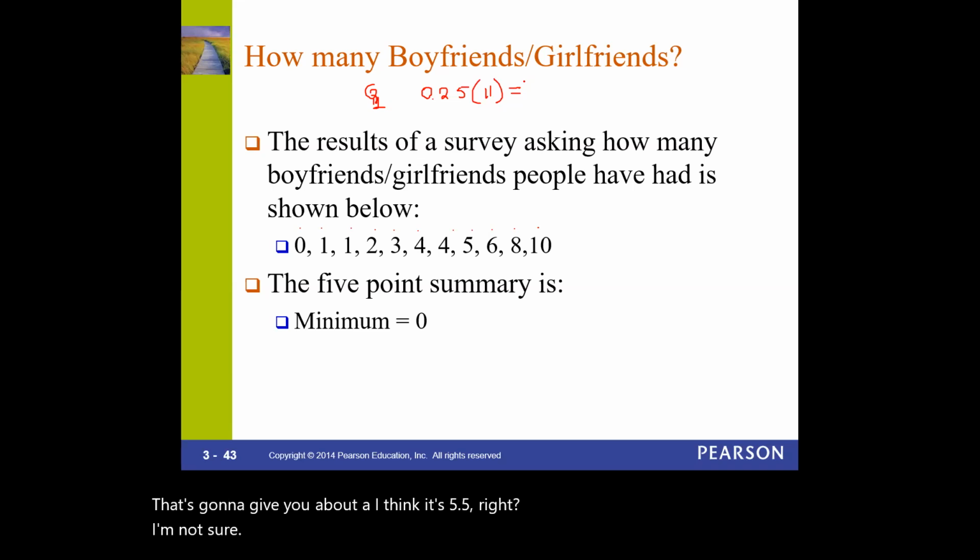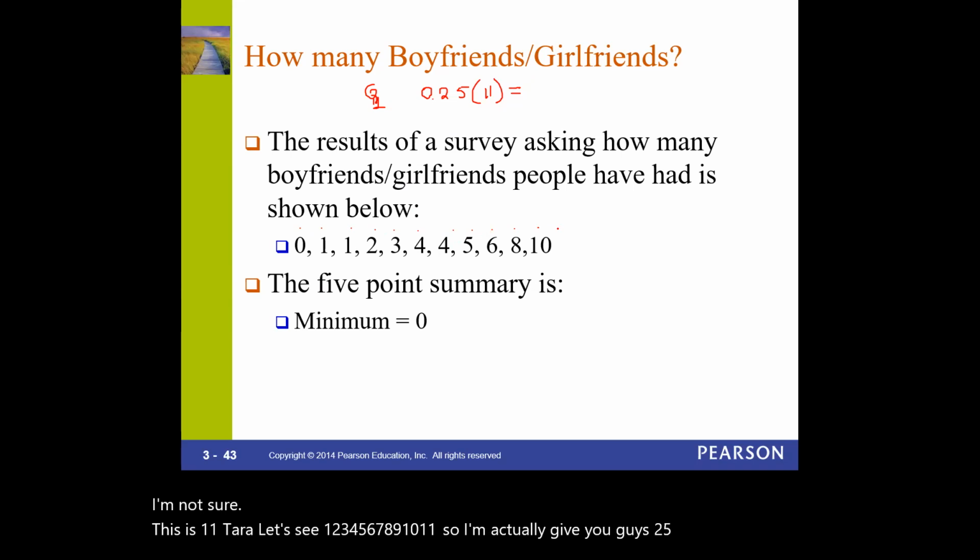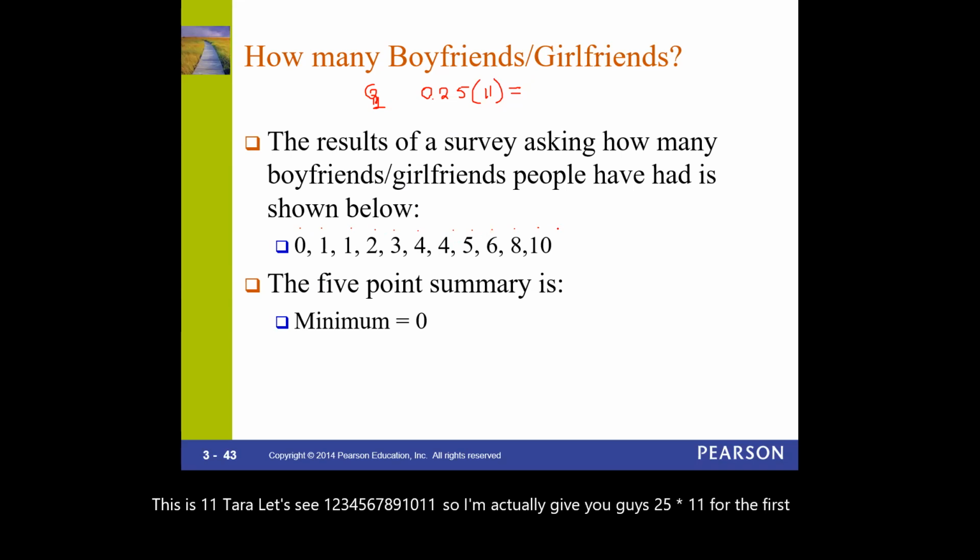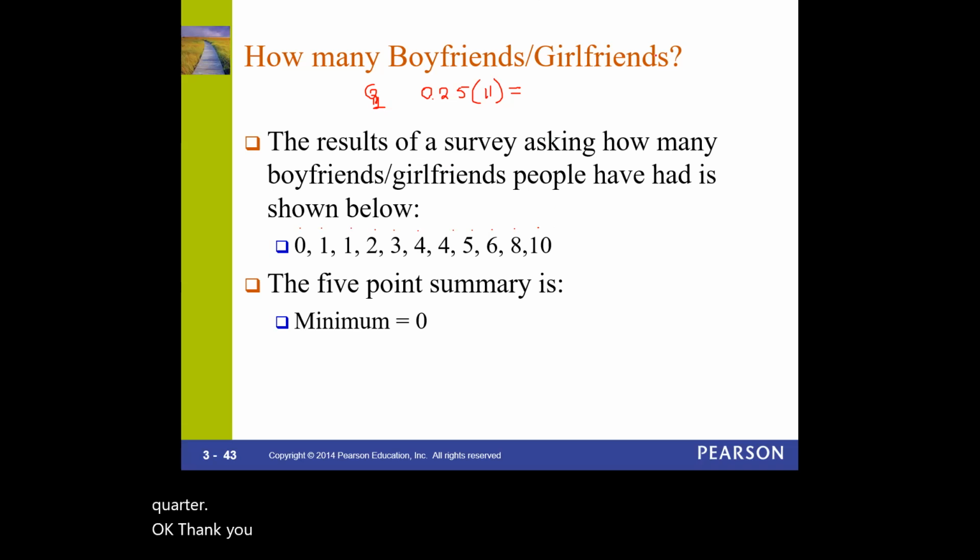This is 11 data values. Let's see: 1, 2, 3, 4, 5, 6, 7, 8, 9, 10, 11. So what is 0.25 times 11 for the first quartile? Okay, thank you, it's 2.75. I wasn't halfway.